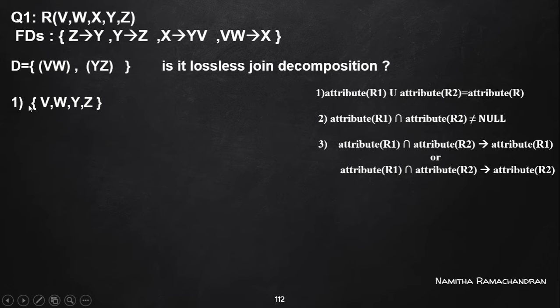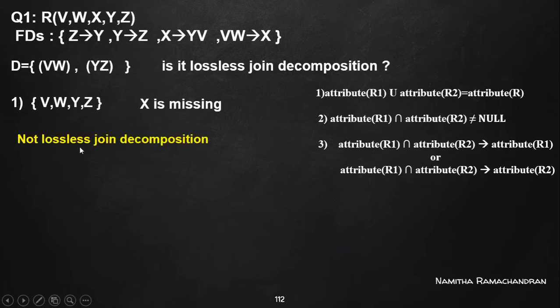So we can stop here and directly conclude that this particular decomposition is not a lossless join decomposition. The first condition itself is violated, so we don't need to check the remaining conditions.